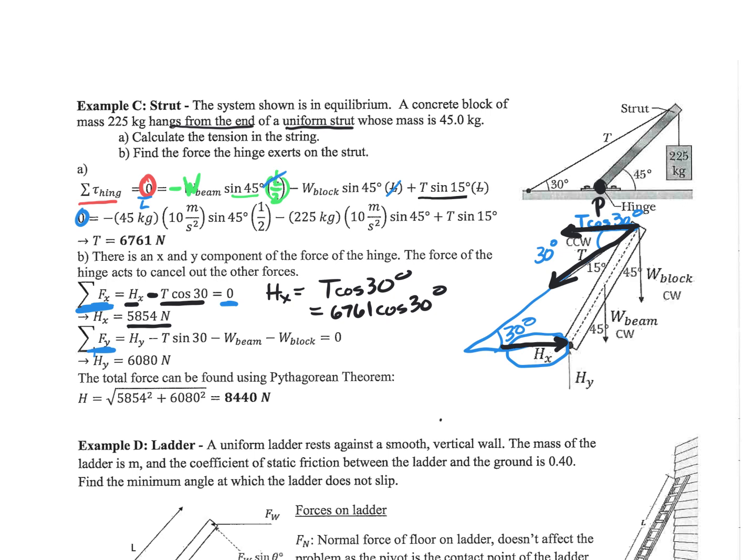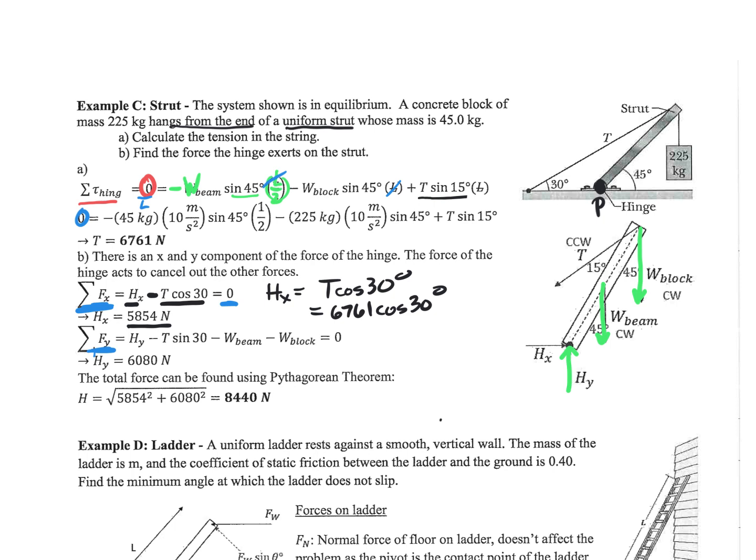Now we have to figure out what's going on in the y direction. So let's erase it. Whatever is pointing upwards, we have to take into consideration all the other pieces. This has a downward component, so it's negative. This has a downward component, so it's negative. And unfortunately, so does that tension, right?